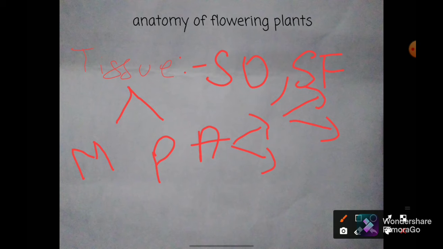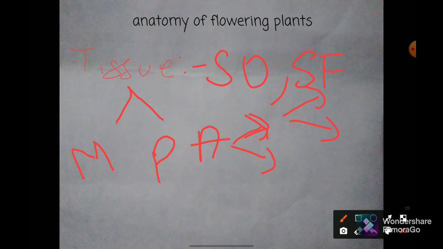Not actually in seconds, the time required for cellular division, it takes that much time, and then it divides. That means it never stops. It's not like I have divided once, now I'll stop for some days and then start dividing again. It's not like that. This is how a meristematic tissue is.